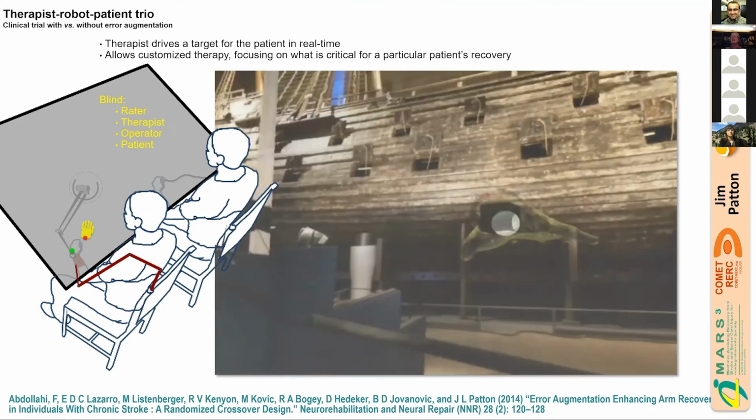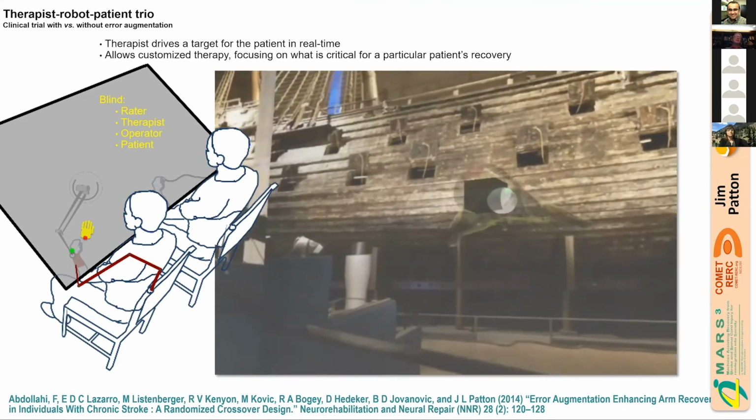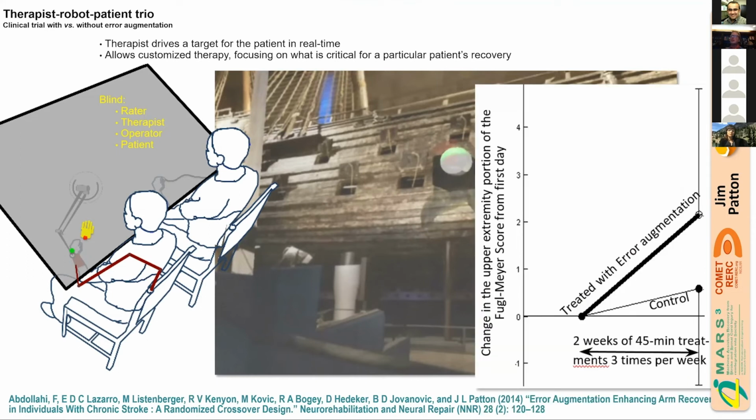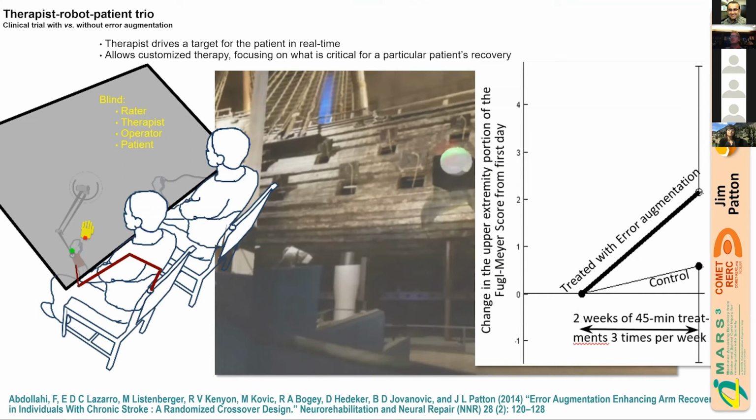The therapist decides what the movement is, and unbeknownst to either of them, the patient and the therapist, they're trying to move, and there may be error augmented feedback. Either the robot is pushing them to make theirs larger, or it's actually visually distorting the image so that they see a larger error than they're actually making. And the brain responds to this.